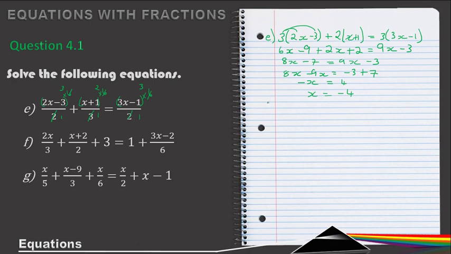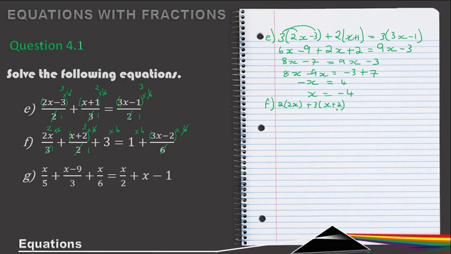Okay. Then for f, lowest common denominator is 6, so I have to multiply through with 6 each and every term. Then 3 goes into itself once and into 6 2 times. Then 2 goes into 6 3 times, and these guys would cancel. Now over here, this term, we have 4x, or 2 times 2x. Let's just write that down, 2 times 2x. And then over here, we've got 3 times x plus 2.